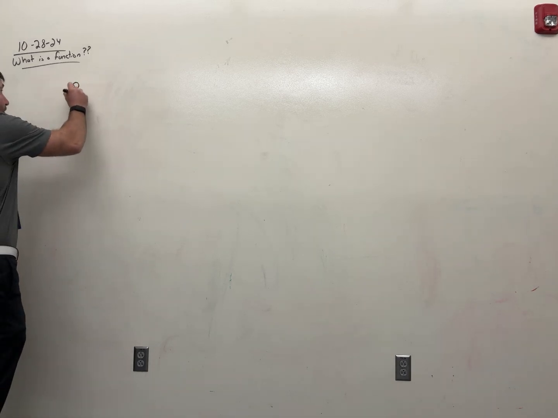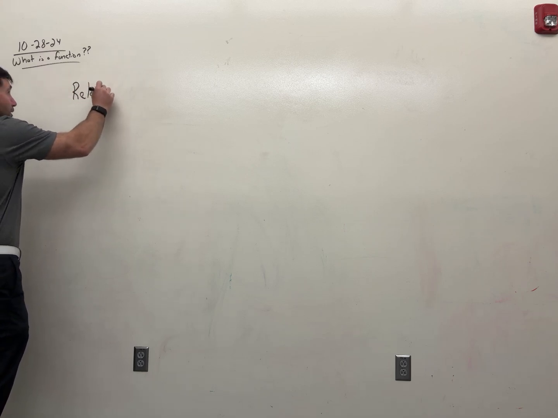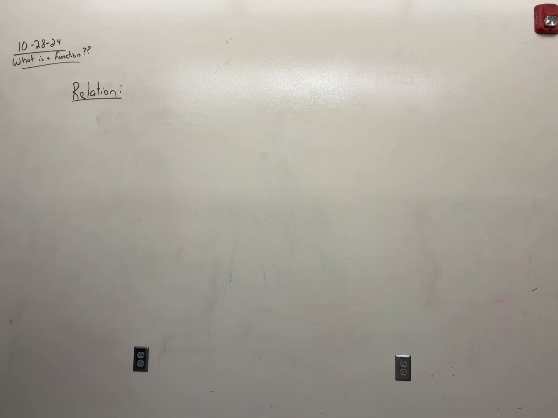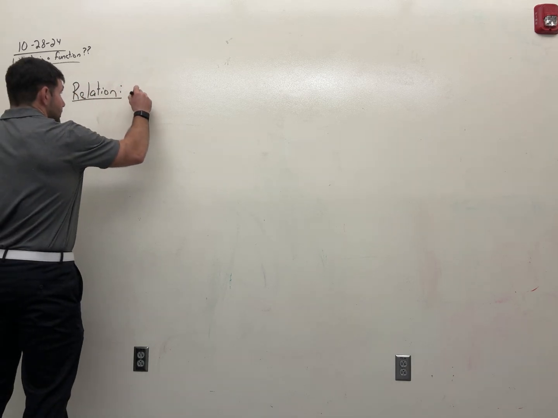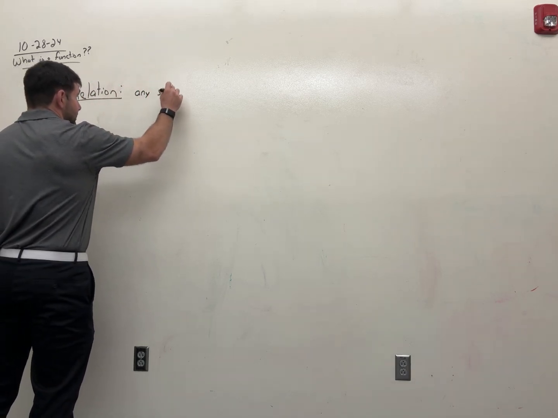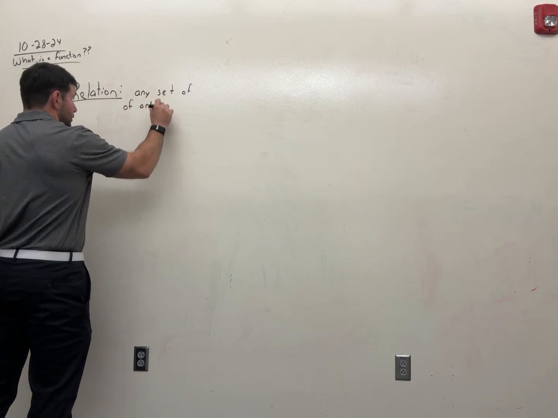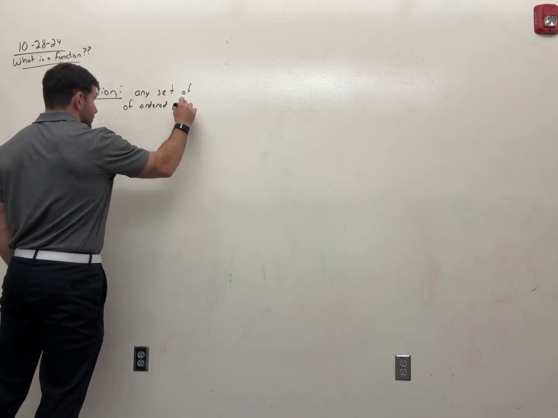The first thing that we're going to talk about is the word relation. Okay? A relation in math is any set of ordered pairs.